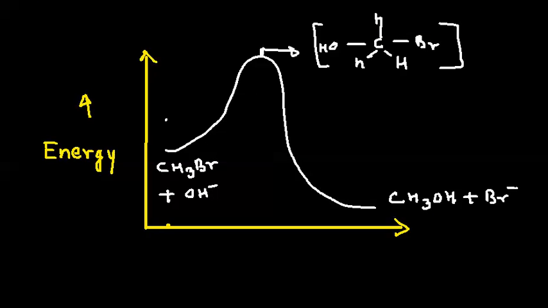This type of diagram is called a transition state diagram, or energy profile diagram, in which we show the progress of the reaction. And here you can see these are the reactants and these are the products formed. And this is the reaction coordinate, or the way the reaction progresses further. And these are the energy changes happening. Now this curve is showing the energy changes. Remember, if the energy of a molecule is higher, then it is unstable.